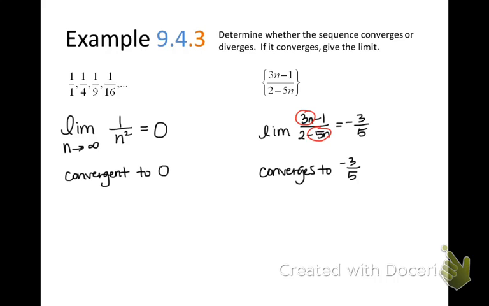And then remember, if you have a power that's higher on top, if the degree is greater in the numerator, then what does it go to? So let me give you an example of something like that. Let's say that I wanted you to do the limit as n approaches infinity of 2x minus 5.